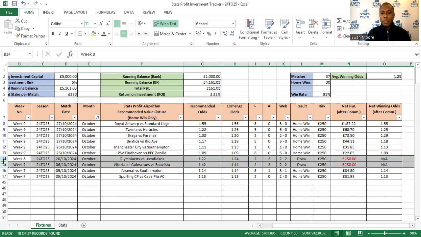This is a good guide to show you month by month how the monthly balance can fluctuate, and your balance can go down and up. You will have months of losses, months of profit. But ultimately, what we're aiming for at the end of the season is to see a positive return on investment, one that would be higher than any bank will give you, if I said that right.